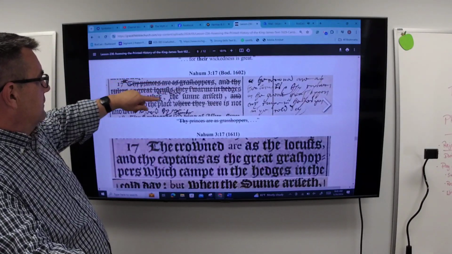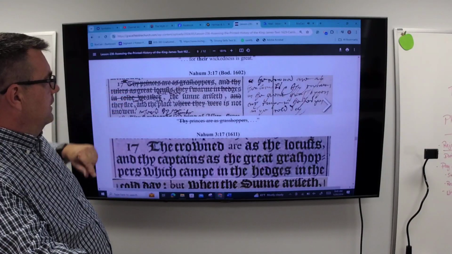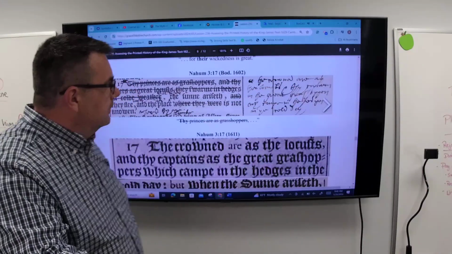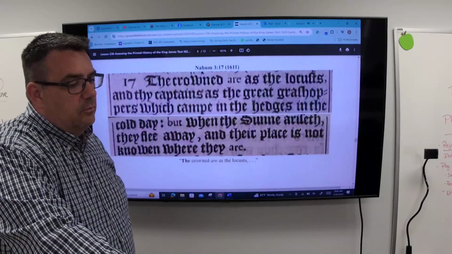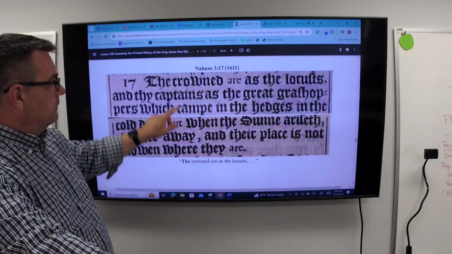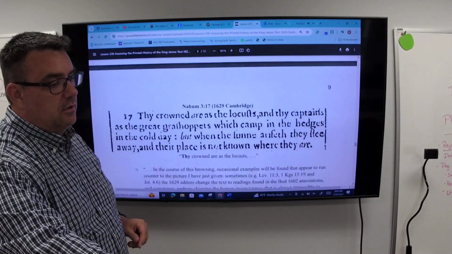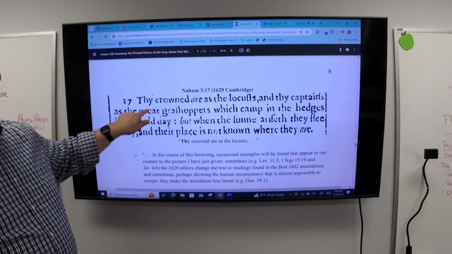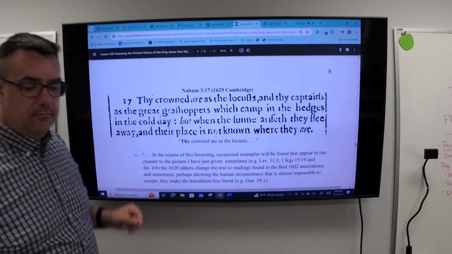So do they remove a lot of stuff here in the original verse? And they rewrite things over here. And notice that thy becomes what? The crowned are as locusts, right? So there's a lot of differences going on in this one. But look at Cambridge. What do they switch this back to? They switch the back to what? Thy. Okay.